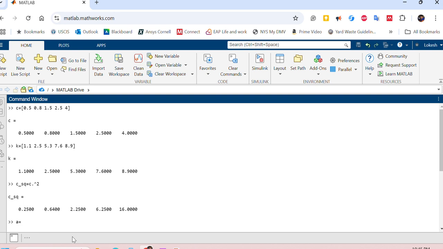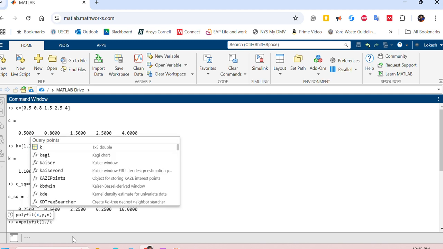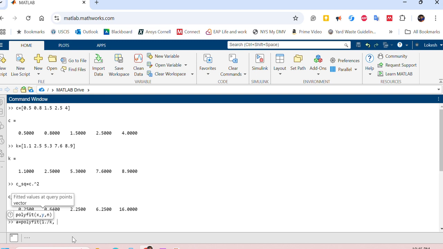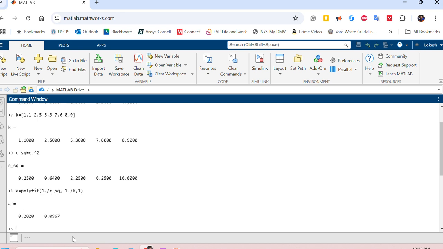And now I can use the polyfit function to fit my 1 by c squared and 1 by k to the first degree polynomial. What do I get? I get 0.202 and 0.90. Now you know from here that this is in decreasing power.